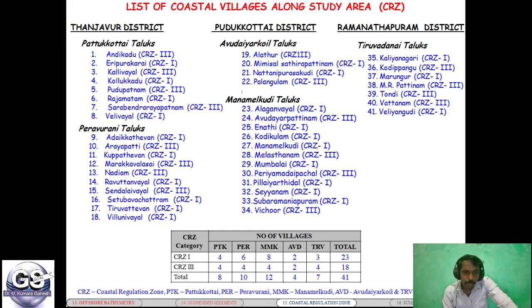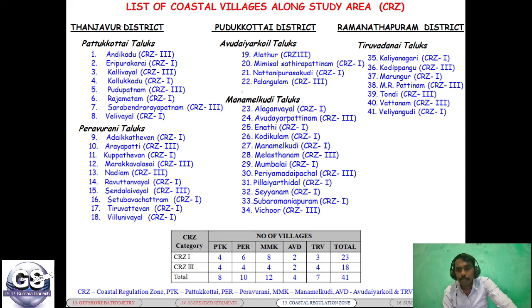It is noted that among 41 villages along the coastal study region, 23 villages are categorized under coastal zone 1 and 18 villages were categorized under coastal regulation zone 3, that is undisturbed and not falling within categories 1 and 2.